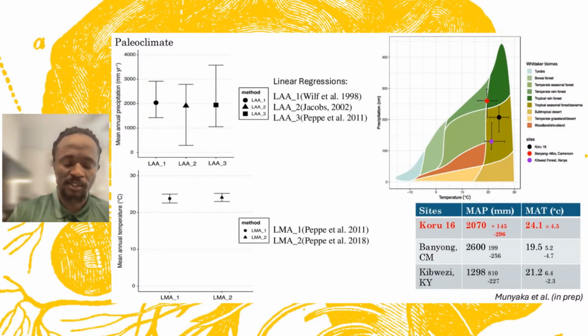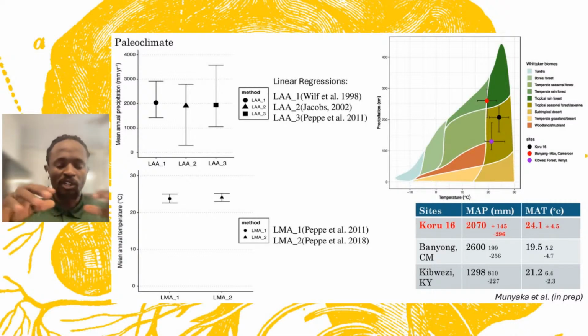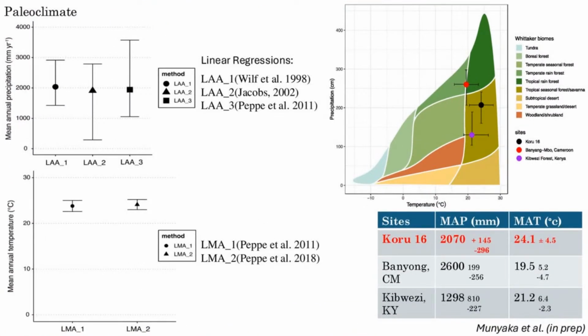So with the climate, we used three different regression equations to make sure that what we're seeing is right. And we see a good overlap between the three of them pointing to a really wet ecosystem. The good thing about leaves is that we can quantify that number.